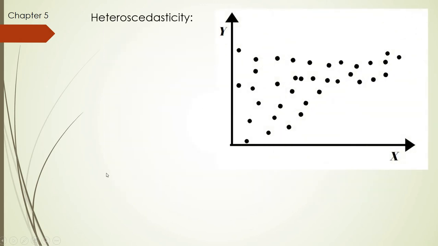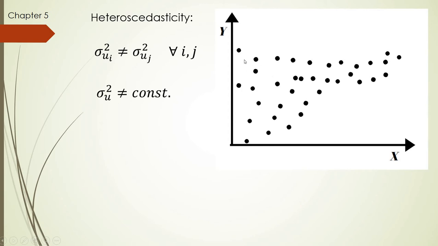The problem is if we have heteroscedasticity. You can see it in the picture when you don't have the same variance. So variance in the first part of the data set is much bigger in comparison with the variation in the data set later on. This is a very big problem in the data, and if we have this problem, we need to solve it.